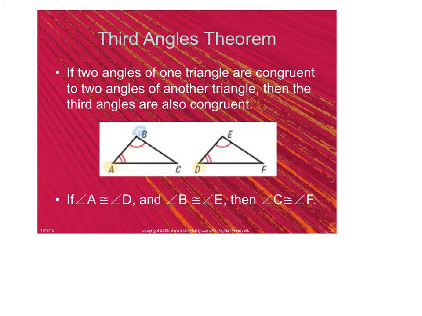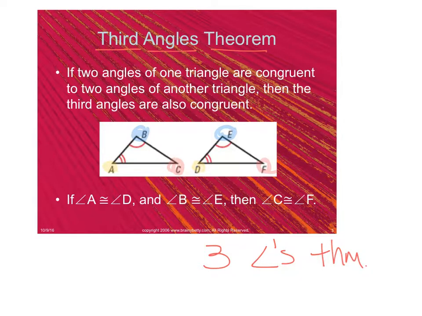And then B matches with E. So then you could also show that C is congruent to F based on the third angles theorem. If you want to abbreviate this, you could say 3 and then draw a picture of an angle. So when you're writing this as a reason in your proof, you could write it like that, or write out the words, third angles theorem.